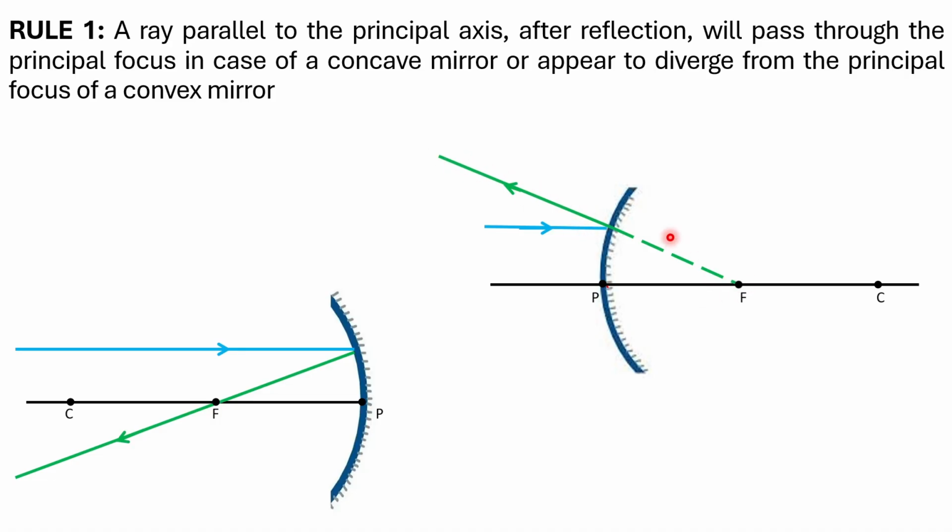Why have I used dotted lines here? Because it is virtual, it is imaginary, it just appears to diverge. So this dotted line indicates it appears to diverge. This is rule 1. I hope rule 1 is clear to you. Don't forget to draw the rules in your notebook. This is very, very important for drawing ray diagrams. Now let's move on to rule 2.